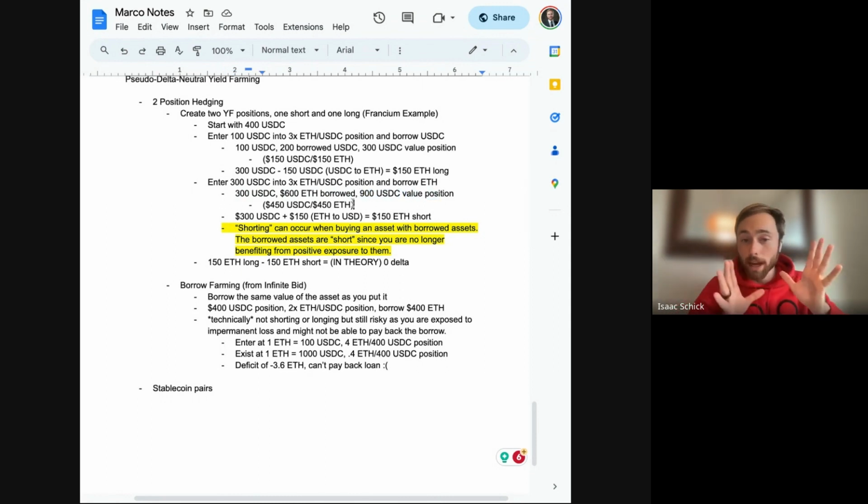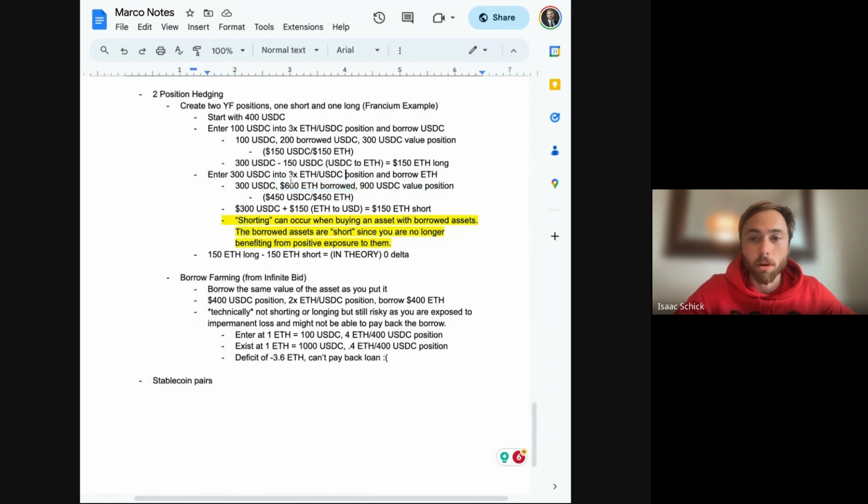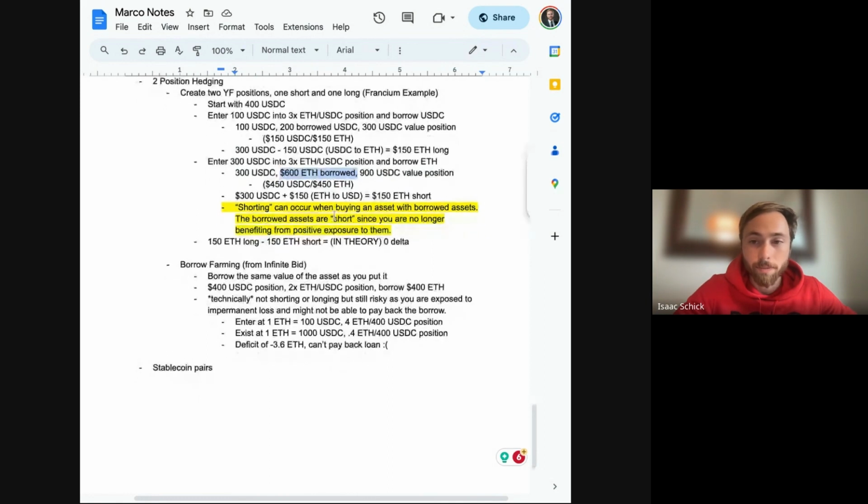And in order for this to work out, just like in the last one, we're going to need $450 worth of USDC and $450 worth of ETH to start with. Because we have 300 USDC and 600 ETH borrowed, we're going to have to use our borrowed ETH in order to buy USDC.